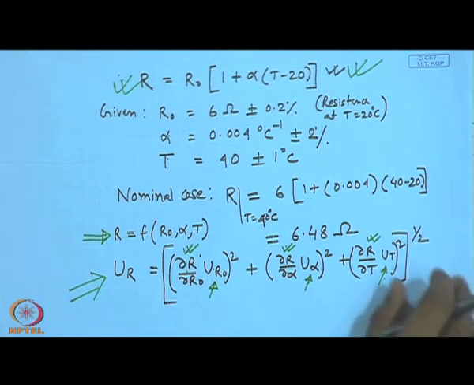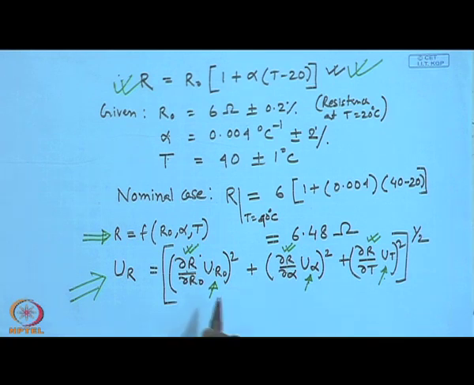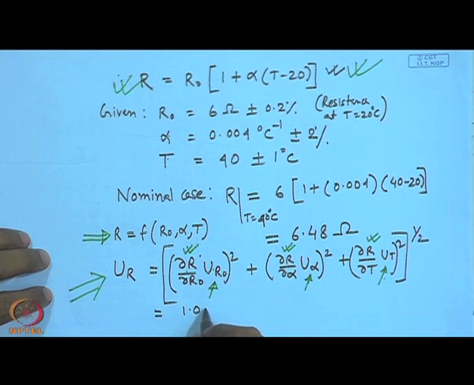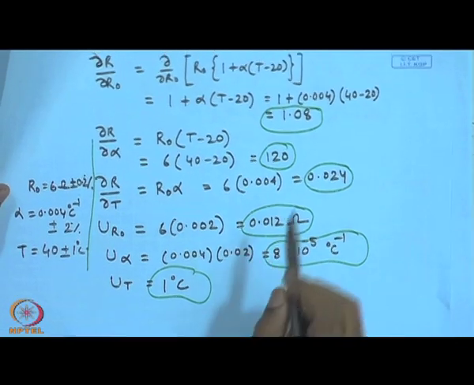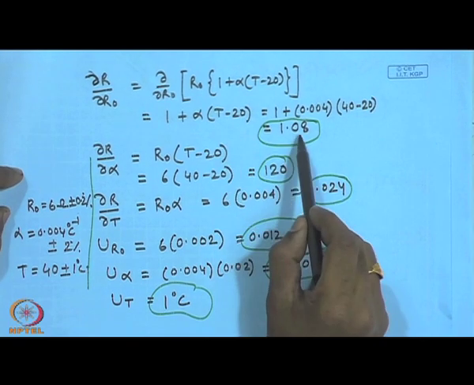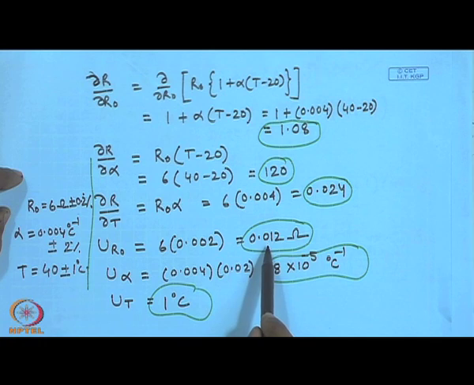So, if we put these values, del R del R0 is 1.08 and u R0 is 0.012.